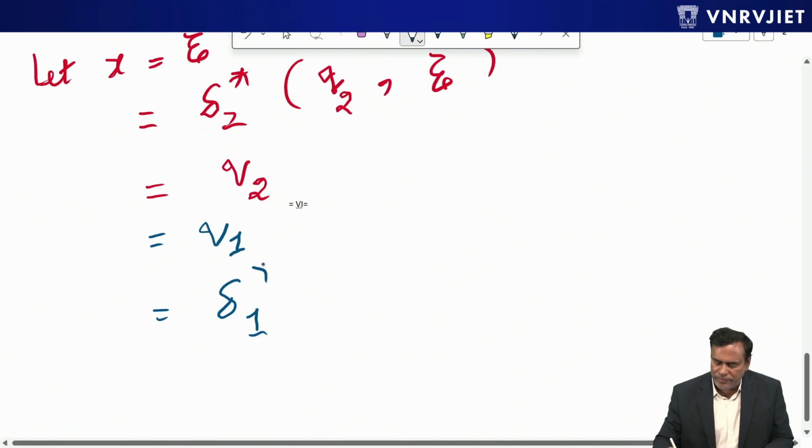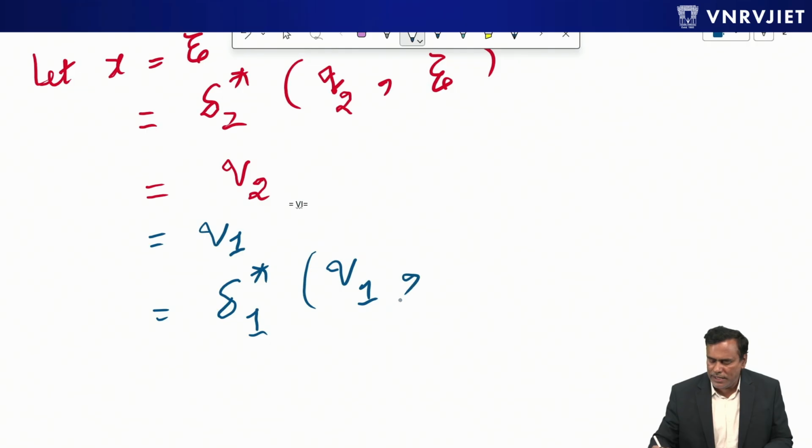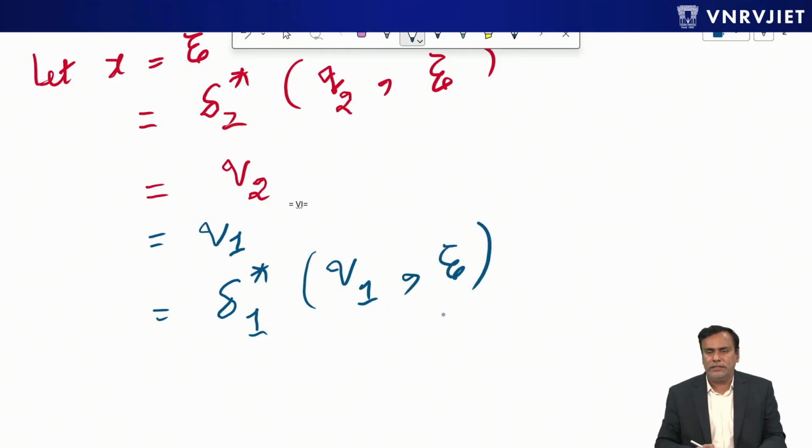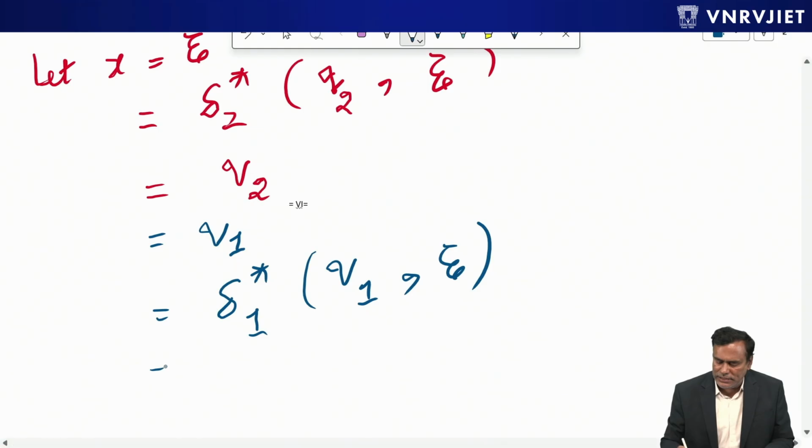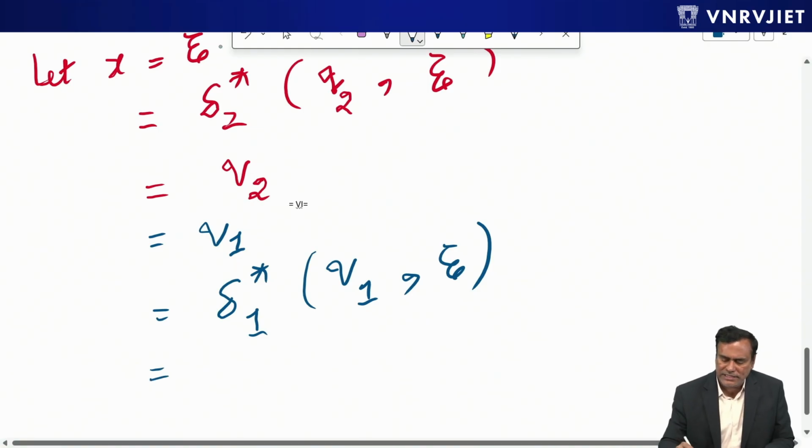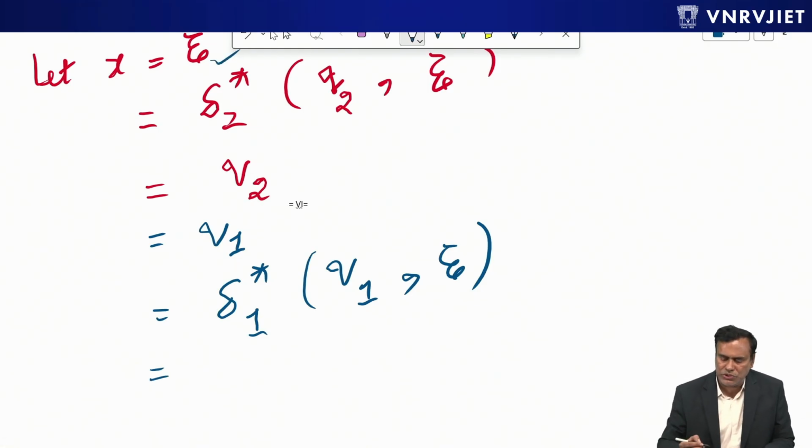So I can rewrite this as delta 1 star of Q1 epsilon. We know that with respect to the NFA as well as the DFA, delta star of Q epsilon is Q itself. Here in place of delta you have delta 1, and in place of Q you have Q1. And I let X be epsilon. Epsilon is equal to X, or X is equal to epsilon, both are the same.